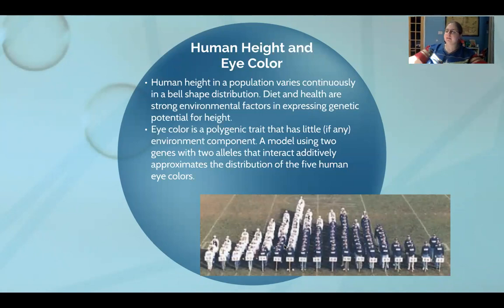So what that means is if you have genes to be tall, but for whatever reason you're malnourished or you get sick very early in life and a serious illness, you may never grow tall, even though your genes say you should be tall because of these other effects.